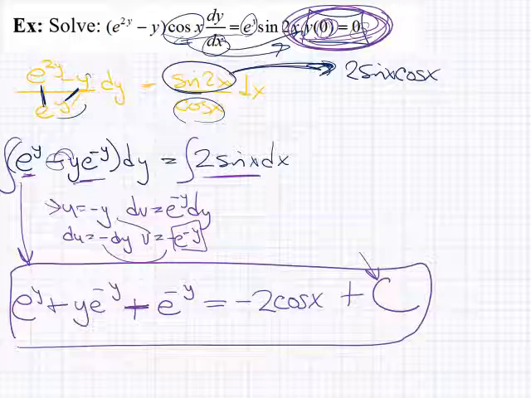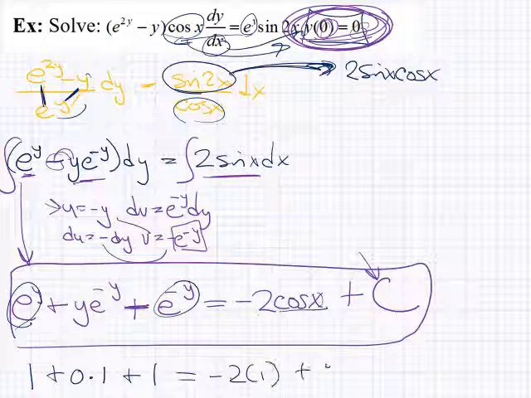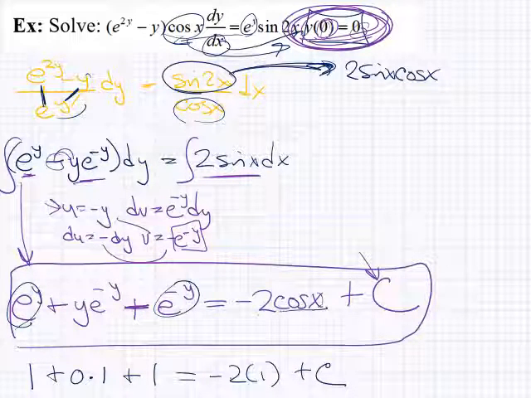So this would be e to the 0, which is 1, plus 0 times e to the 0, which is 0 times 1, plus e to the 0, which is 1, equals negative 2 cosine x, x being 0, cosine of 0 is 1, so it'd be negative 2 times 1, plus c. So what do we get here? This is 0, this is 2, this is negative 2, so c equals negative 1.